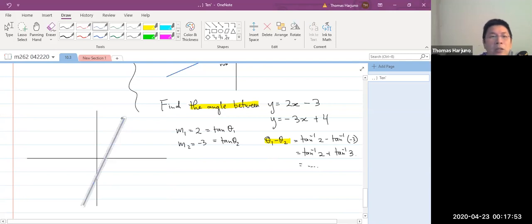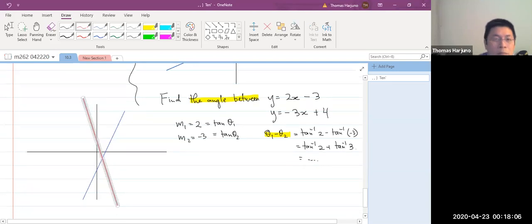And then the second line is negative 3x plus 4, something like this. It's supposed to be a lot steeper. So what is the angle here?